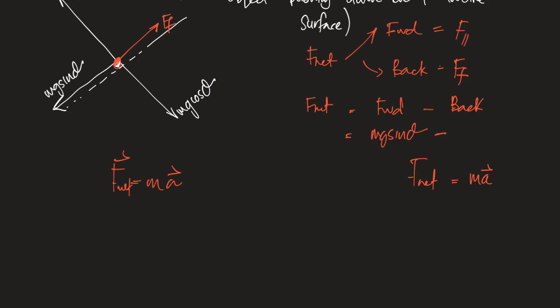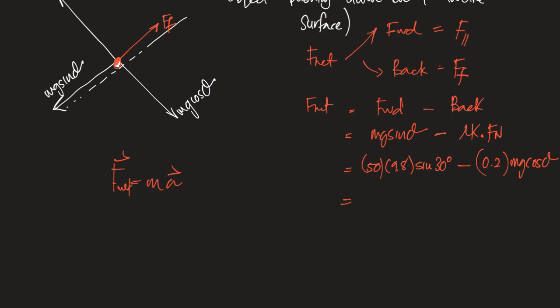Because this whole system is moving, the force of friction formula is mu k times Fn. So my mass is 50 kilograms times 9.8 sine 30 degrees, minus 0.2 times mg cos theta.